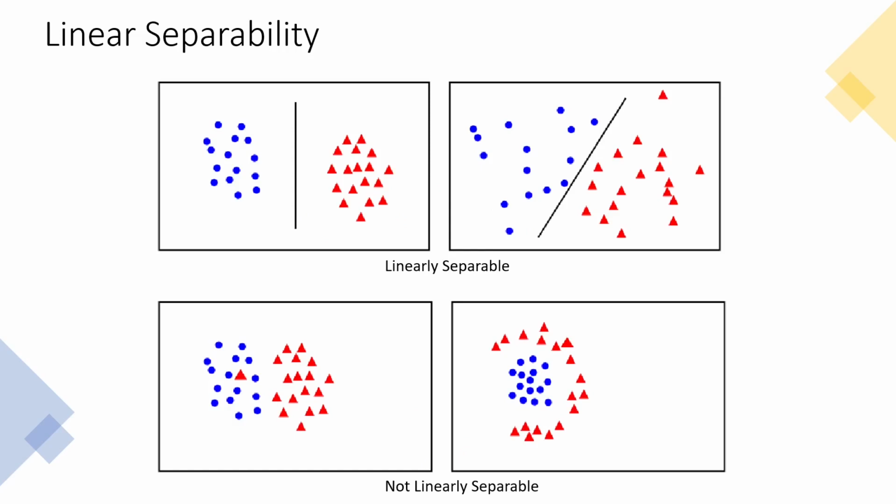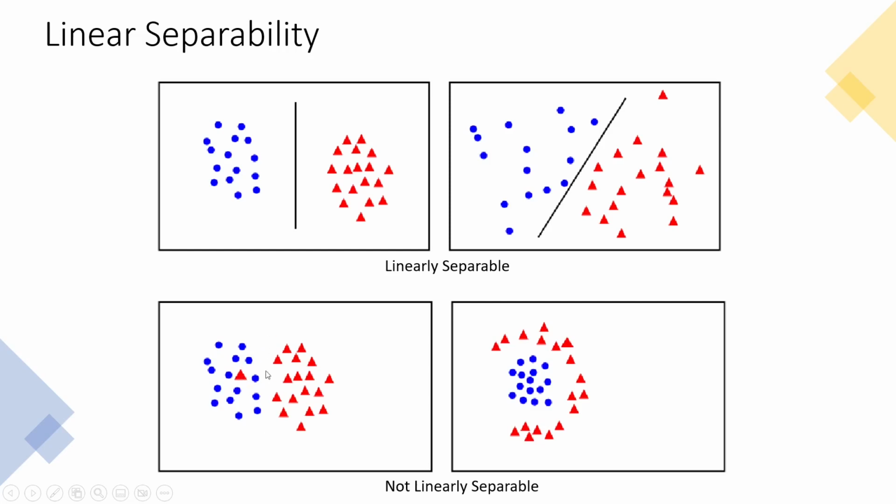More examples about linear separability. These two sets are linearly separable, as well as these two sets, because there is at least this line that can separate them. But these are not linearly separable because even if I have a line over here, it's not going to split these two sets, because this triangle will remain here.